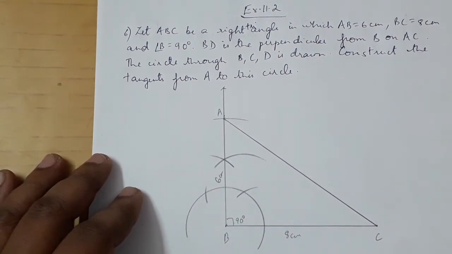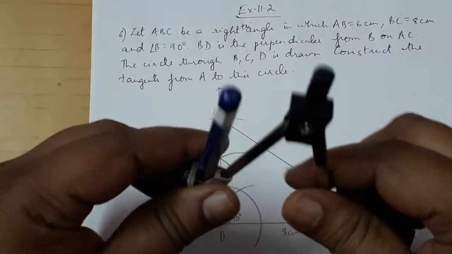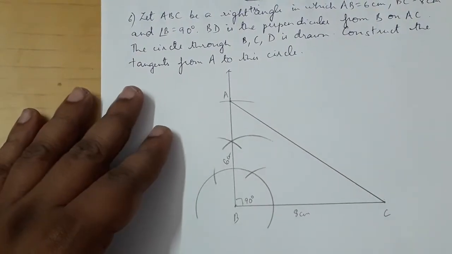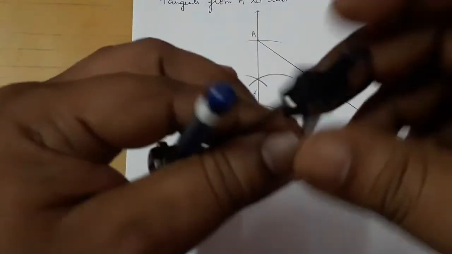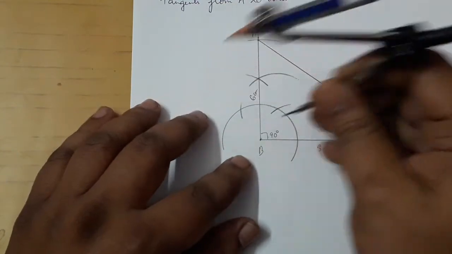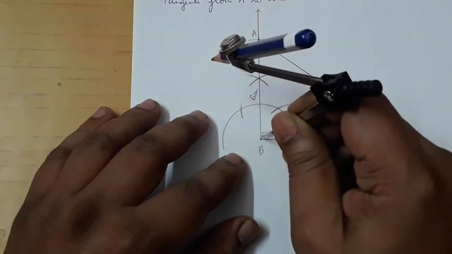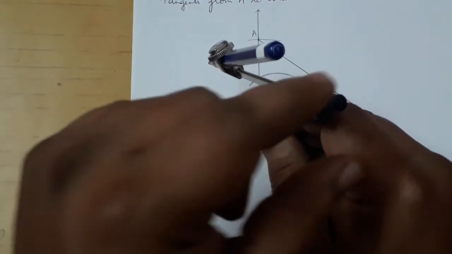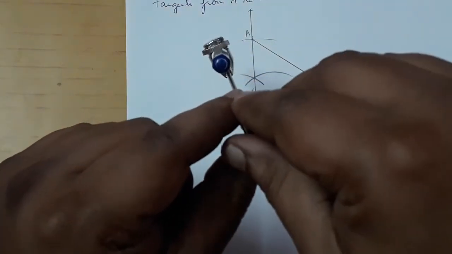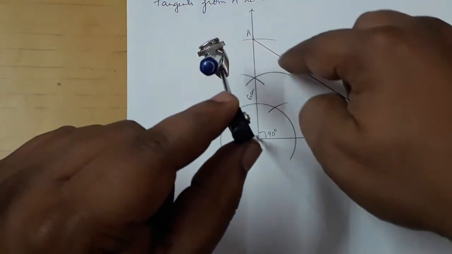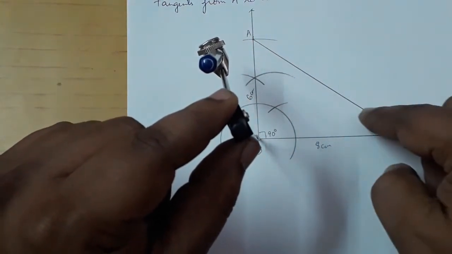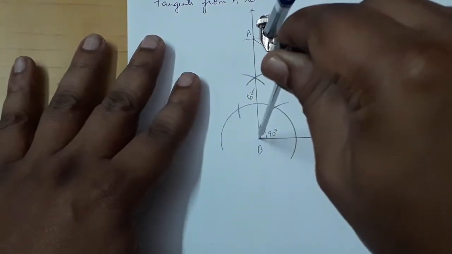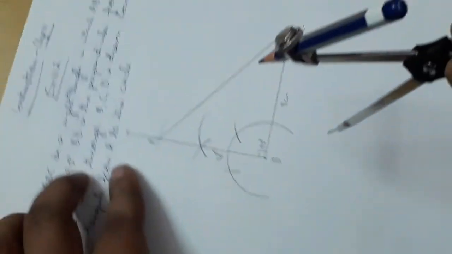So next, we'll keep our pointer on B, and now we need to draw a perpendicular to AC. I'll cut this line AC at 2 points, something like this.